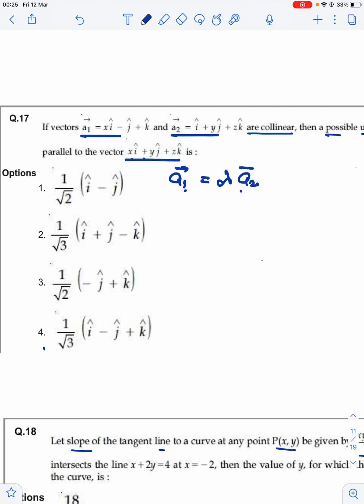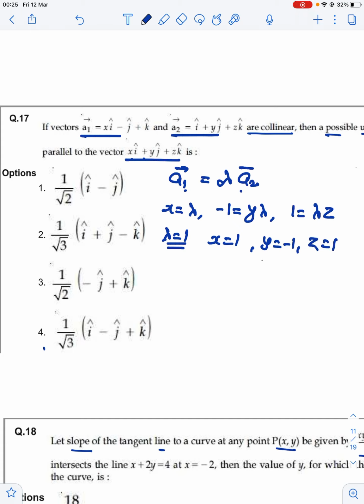Now if I compare this result, a1 is equal to lambda a2, you will have x is equal to lambda, minus 1 is equal to y lambda, and 1 is equal to lambda z. As we require the unit vector, we can take the simplest values of x, y and z. So let us say lambda equal to 1. So x equal to 1, y equal to minus 1 and z equal to 1.